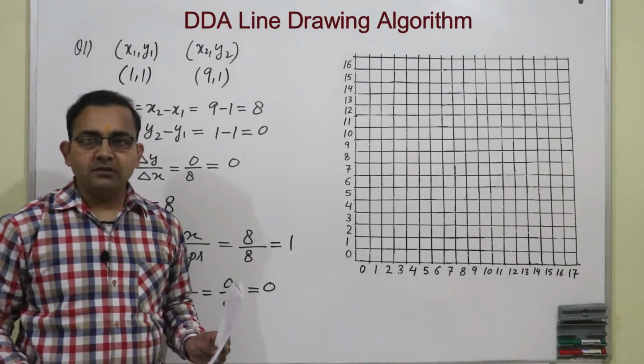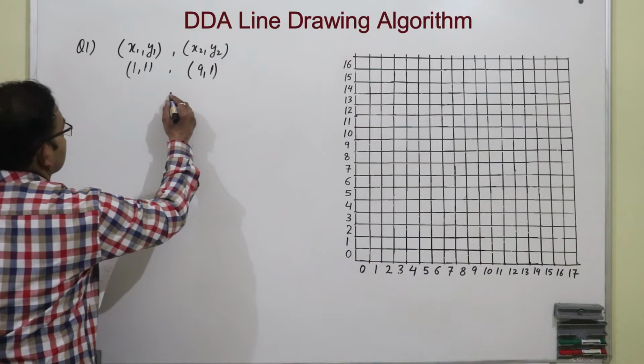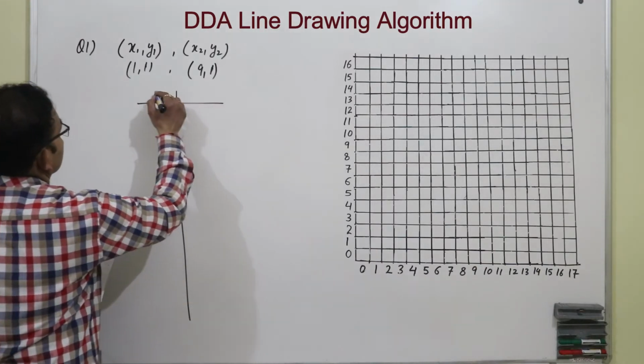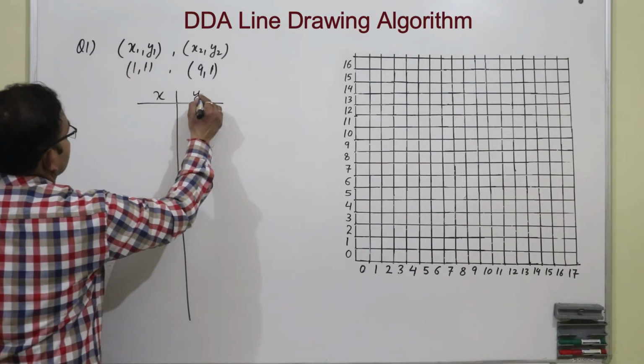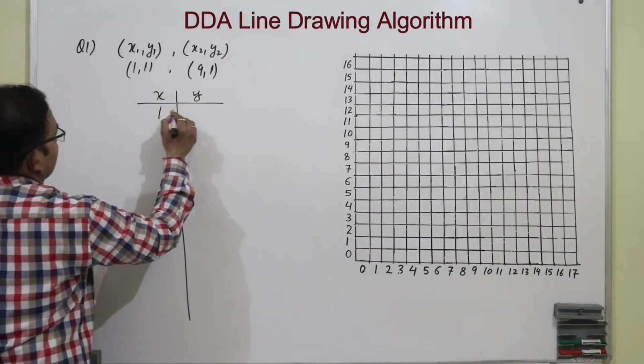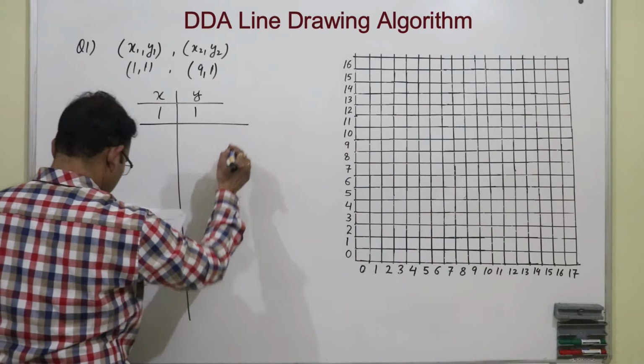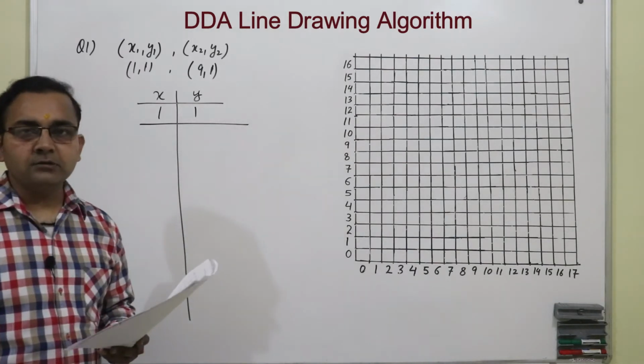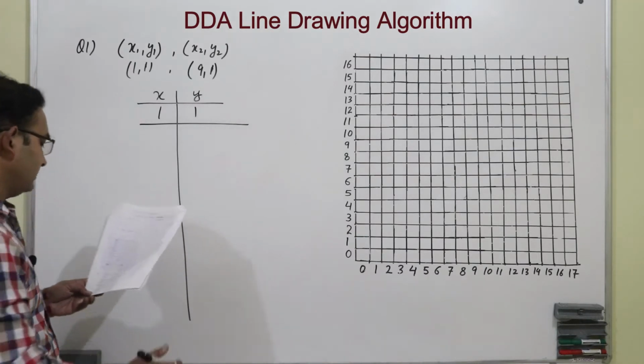Now, we will draw a table. XY coordinate, 1, 1. So, we know increment in x is 1 and increment in y is 0.